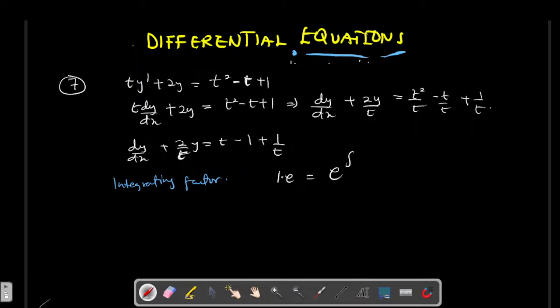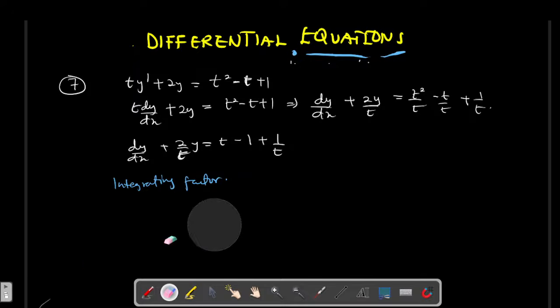Okay. So the standard form for the linear differential equation is dy over dx plus p of t, let me make it p of x because we are dealing with x. So let me start that way.